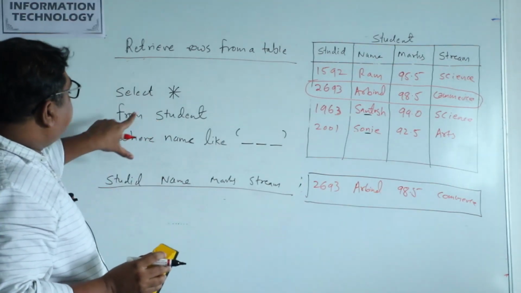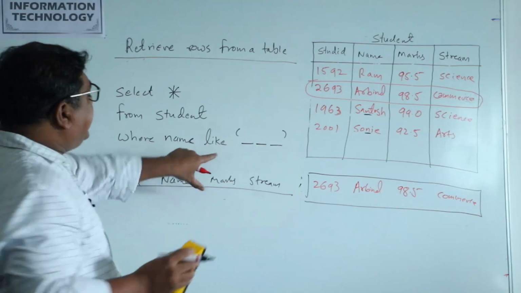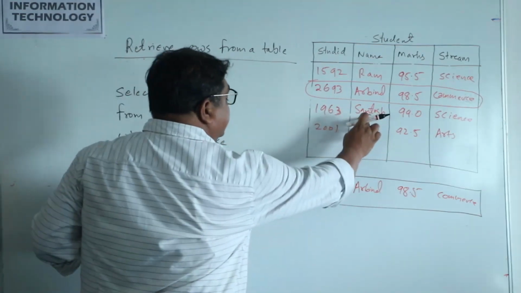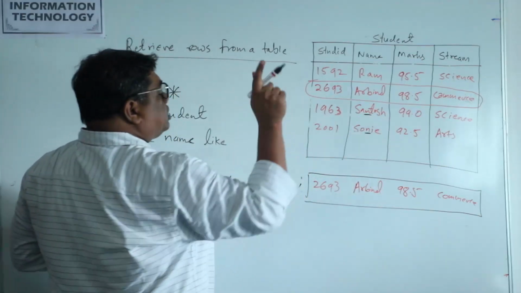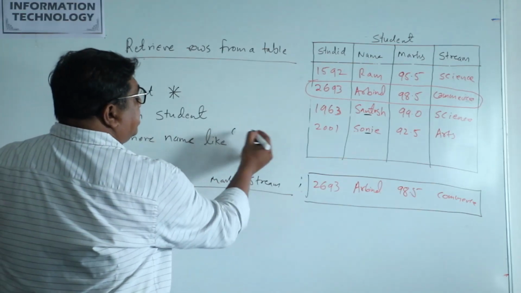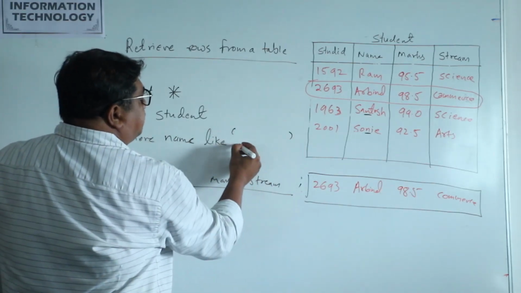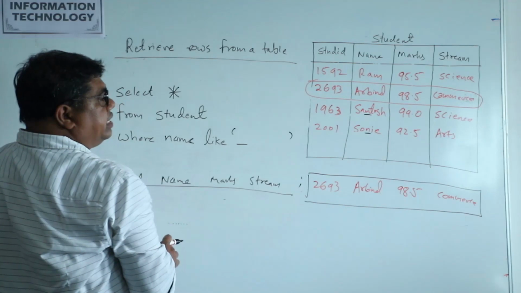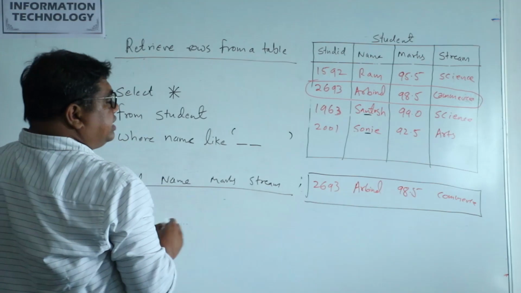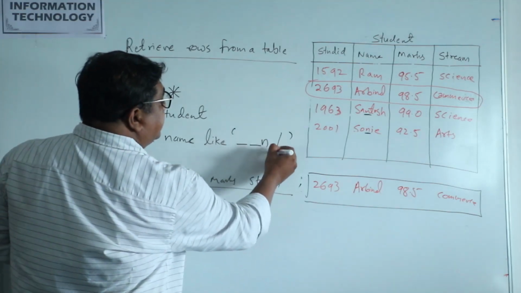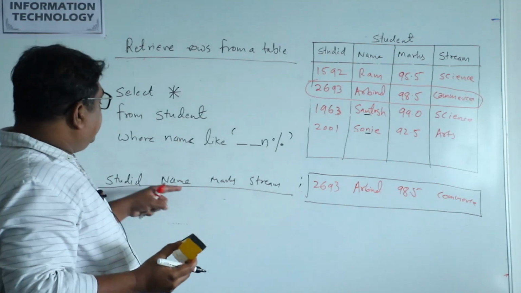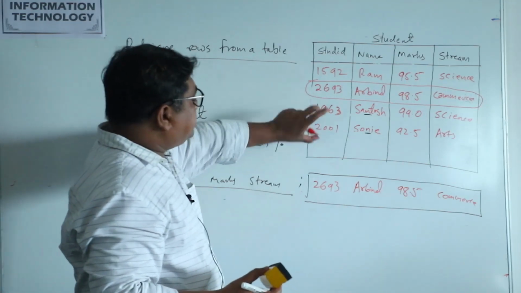Select star from student where name like, and we have two rows whose names have third letter N. I will write first an underscore, it denotes one character, second another underscore, then third one is N, then percentage. So it will display both rows.